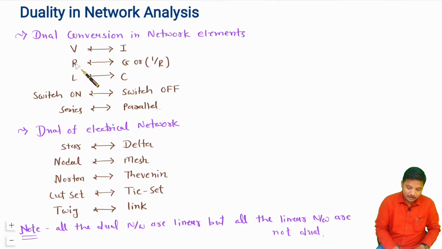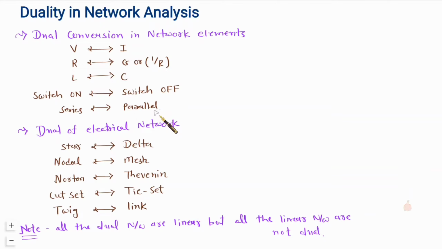If you have a resistance, you will convert that into a transconductance, or 1 by R. If you have an inductor, with the same value you convert that into a capacitor. If you have a switch in on condition, you make it off condition. And if you have a series connection of elements, that gets converted into a parallel connection.